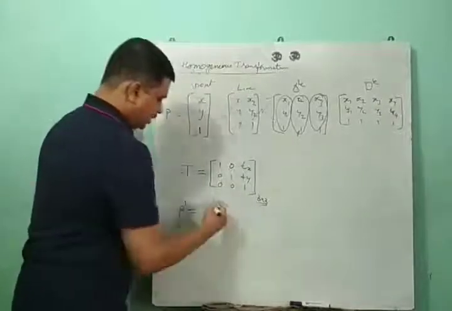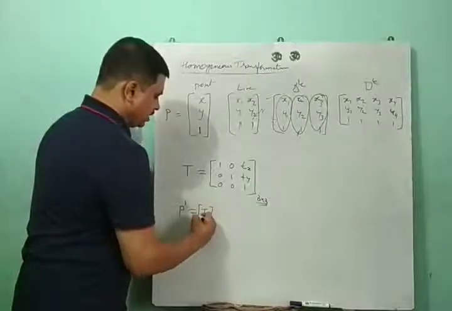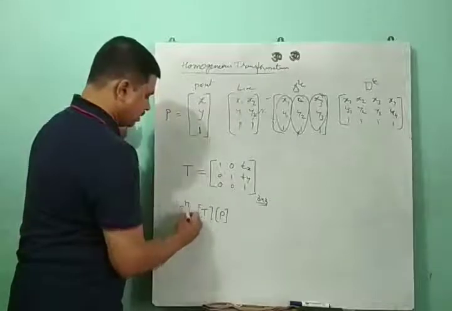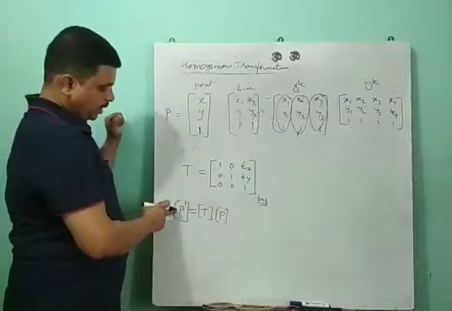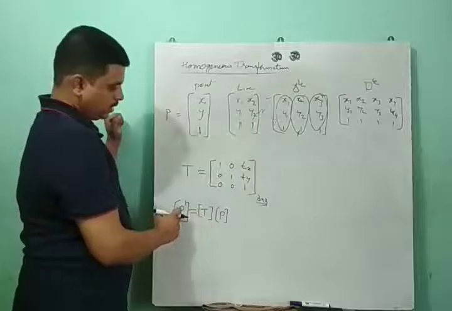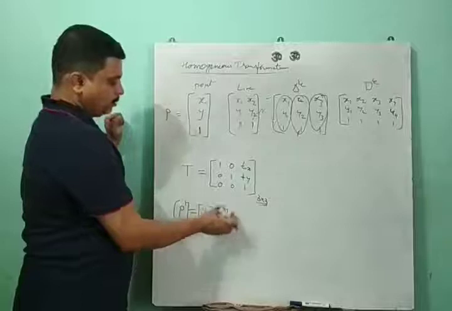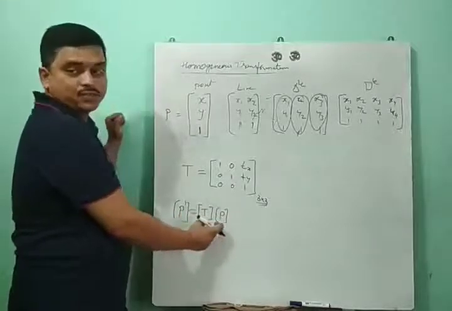Now, even for the translation also, we are going for the multiplication of the matrix. That is the transformation matrix first, then the point P. So please remember here, in homogeneous transformations, the final point P dash after the transformations is obtained by multiplying the given point by the translation matrix, which has to be written on the left side of the given point.